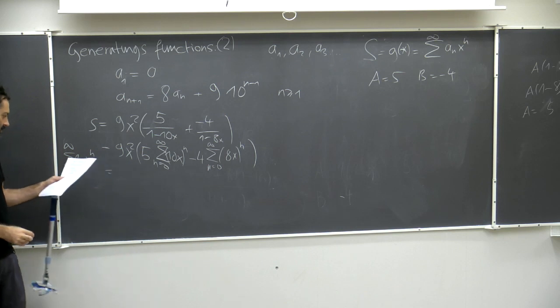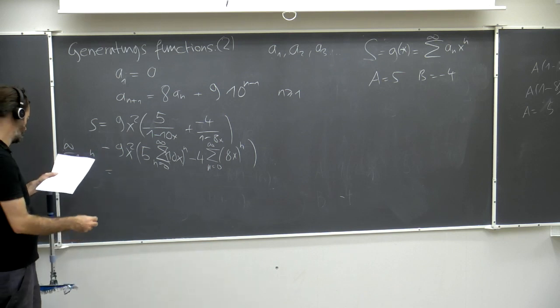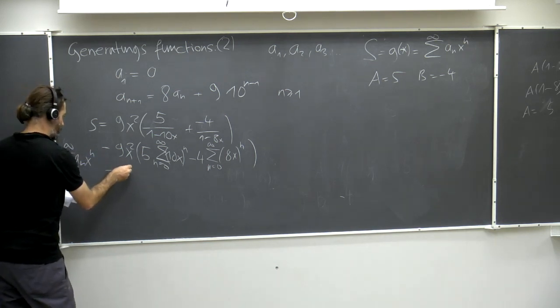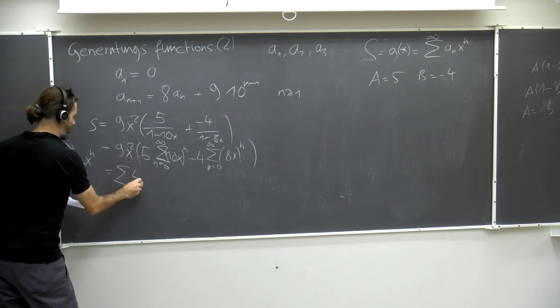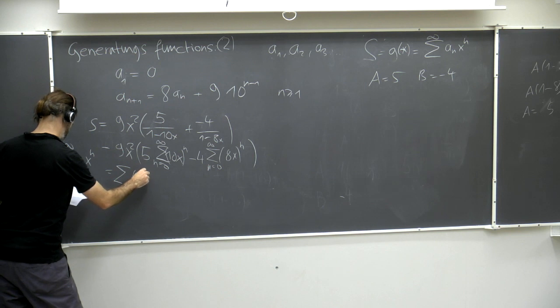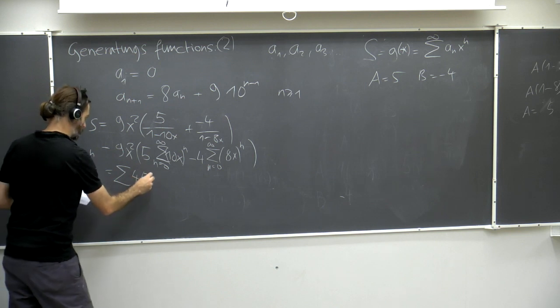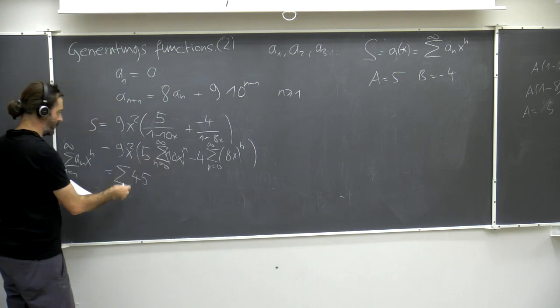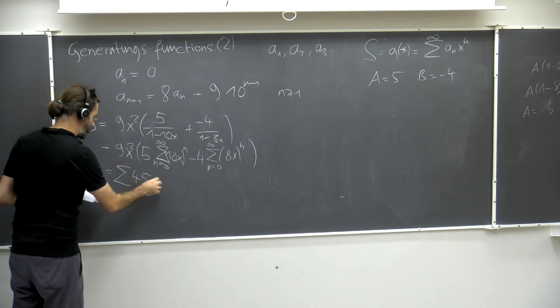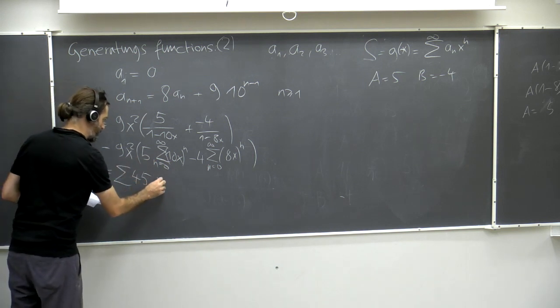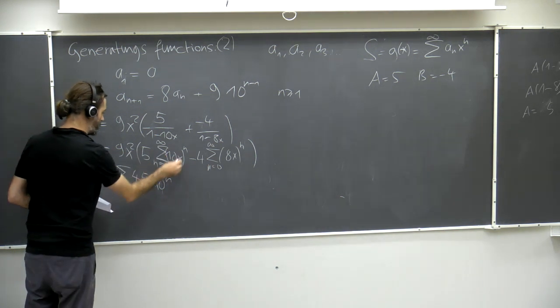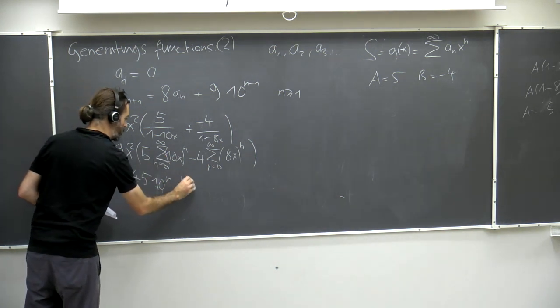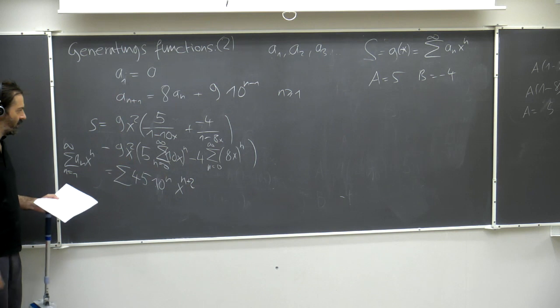The right-hand side I'll write as a sum, and then it's 9 times 5, 45, times 10 to the n, and there's x to the n plus 2, and the 2 comes because I have a factor x squared in front.